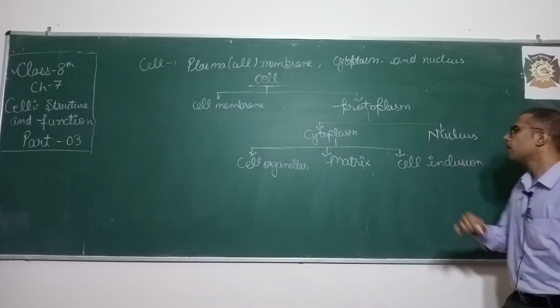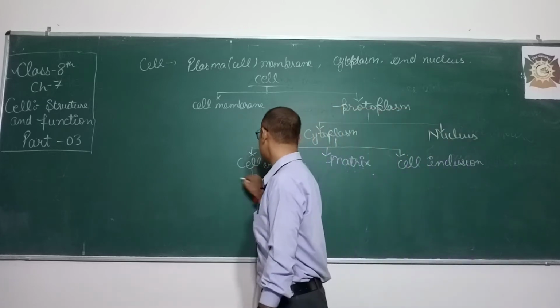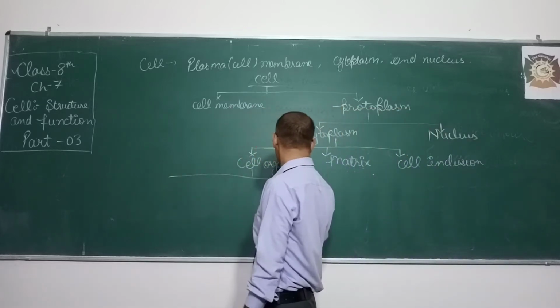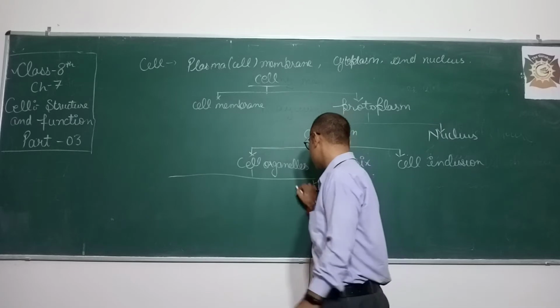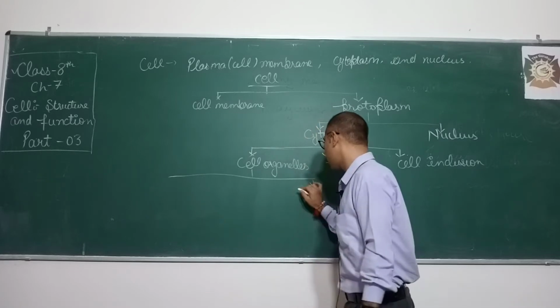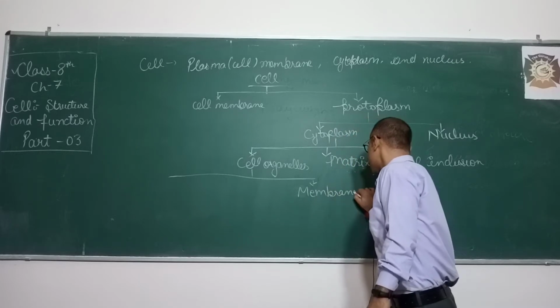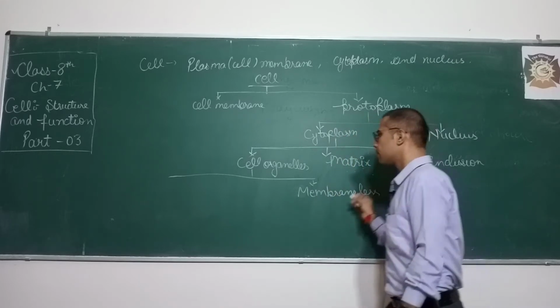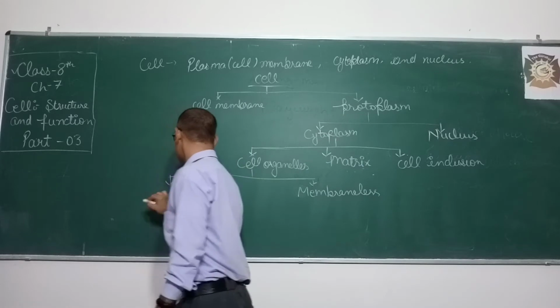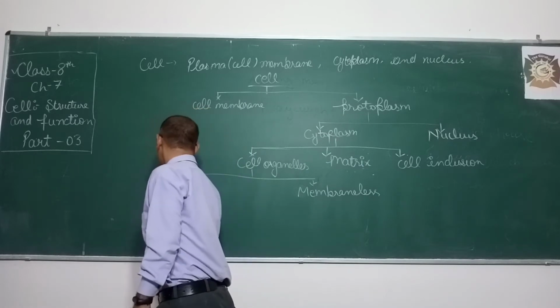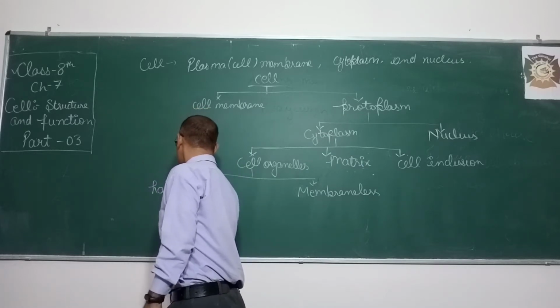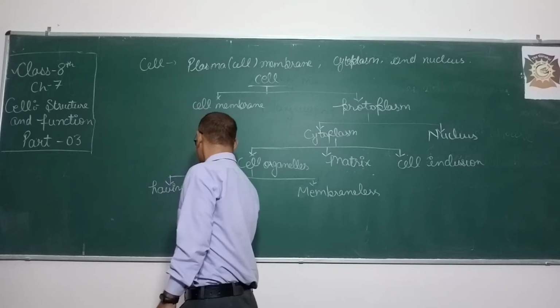Now cell organelles consist of two parts: membraneless and having membrane.